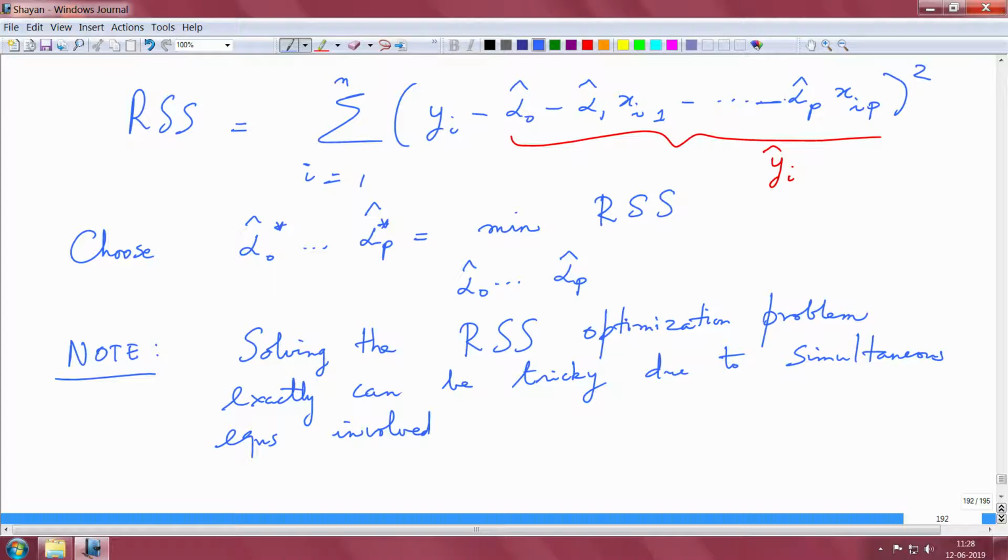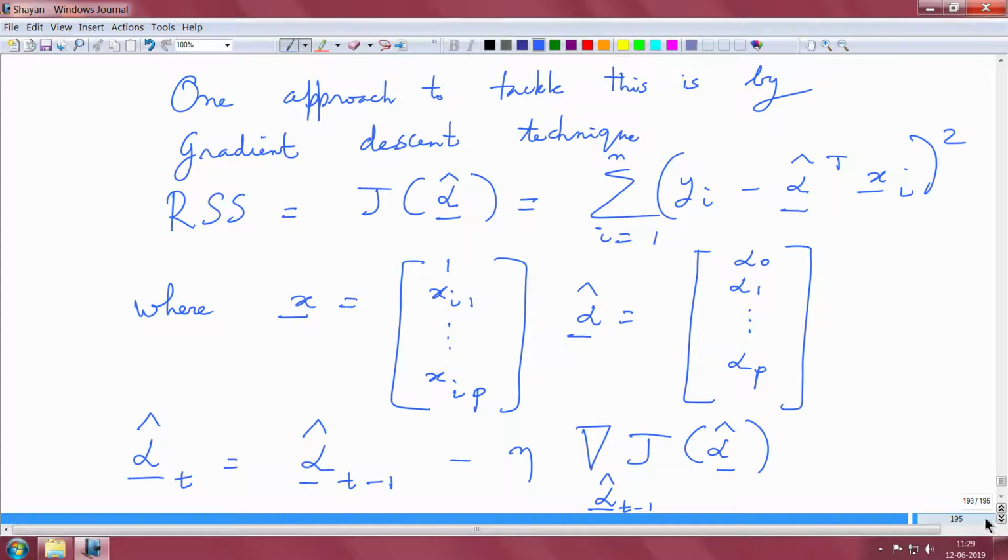We do not want to proceed in this direction because sometimes the number of parameters in practical examples can be 20 variables, 25 variables, and it is impossible to set all the derivatives with respect to these 25 variables and then solve this problem, right. So what we do is follow the popular gradient descent approach towards solving this problem. How do we proceed?